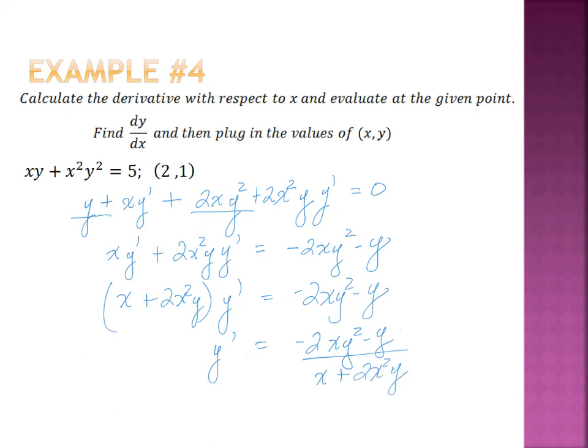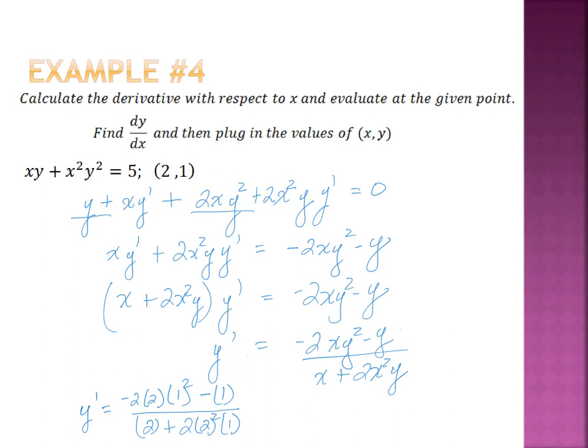Now, all I have to do is plug in my values. So I get y prime is equal to negative 2 times 2, because that's x, y squared, 1 squared is 1, minus 1 over 2 plus 2 times 2 squared times 1.